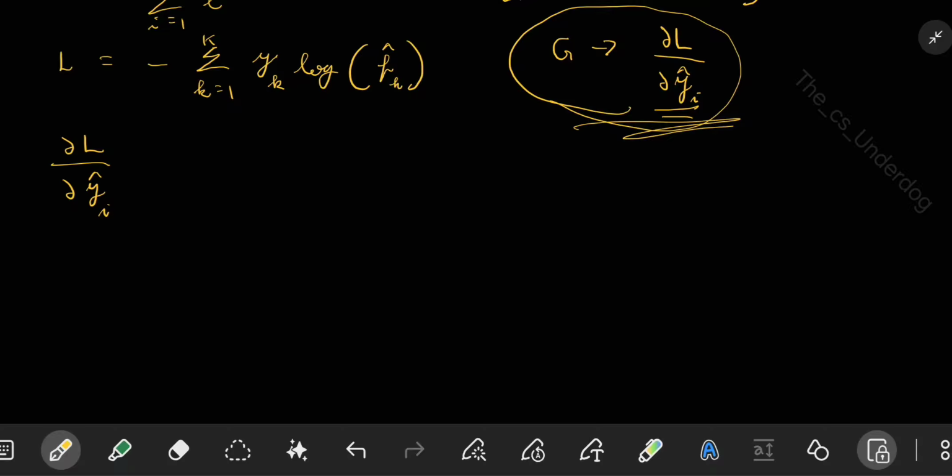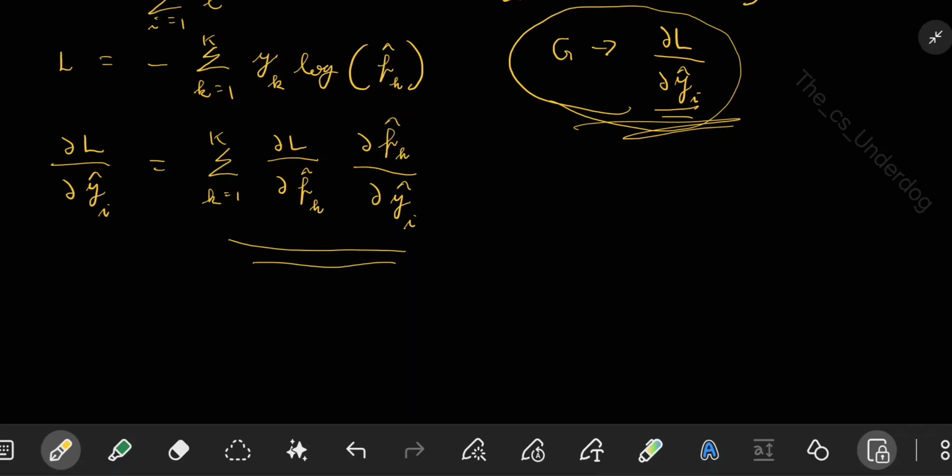Here you have K classes, so I can write this as sigma k equal to 1 to K. Then I'll first take the derivative with respect to pk cap, that is, del L by del pk cap. Once I get this derivative, then I can do del pk cap divided by del yi cap. If I do this, then I can find the derivative of the loss with respect to yi cap. This is the easier method.